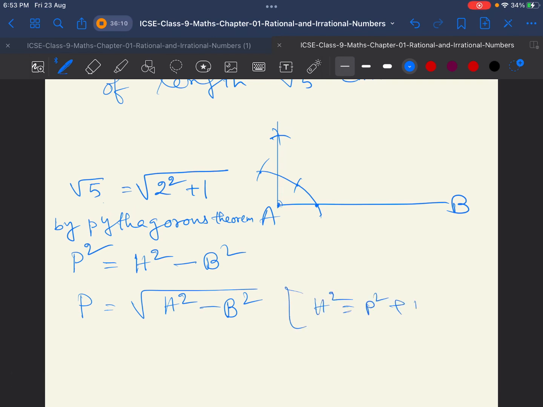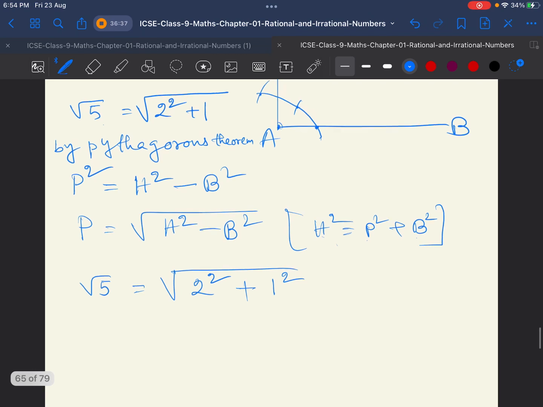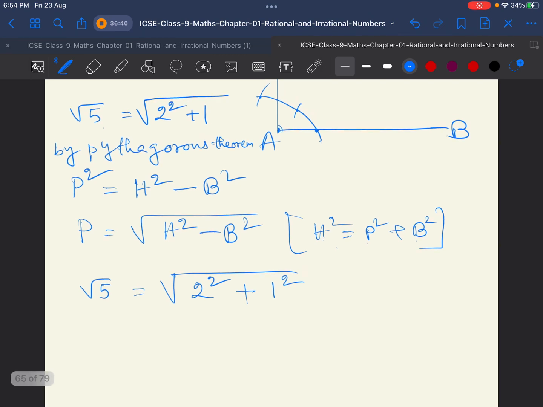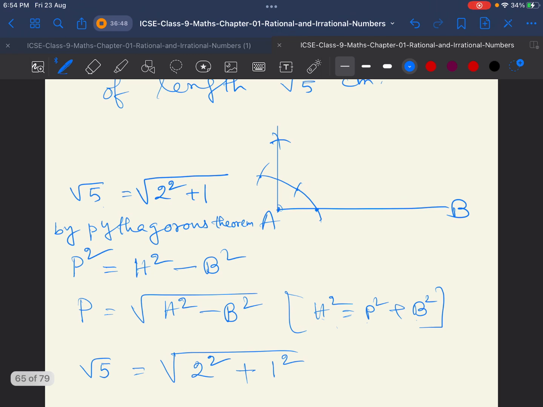As we know, hypotenuse square equals perpendicular square plus base square, so perpendicular square will be hypotenuse square minus base square.